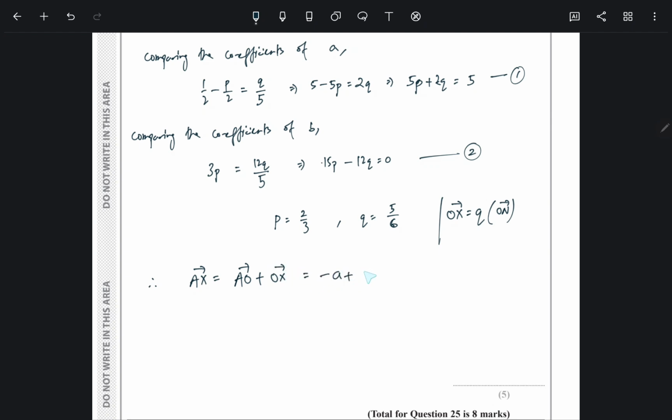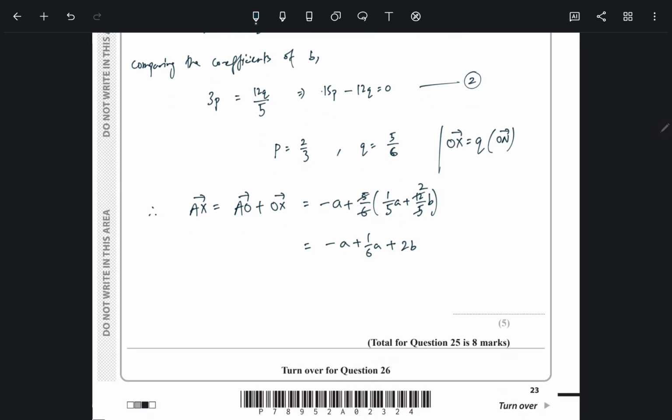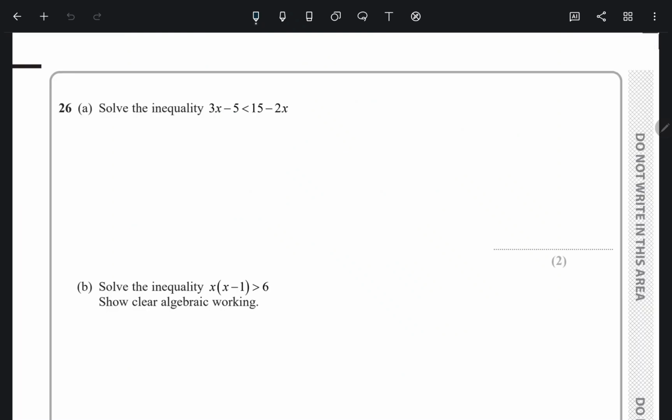That's minus A plus Q, that's 5 by 6 times ON, which was 1 by 5 A plus 12 by 5 B. And that simplifies to minus A plus 1 by 6 A plus 2B. Alright, so we get negative 5 by 6 A plus 2B. That's our AX.